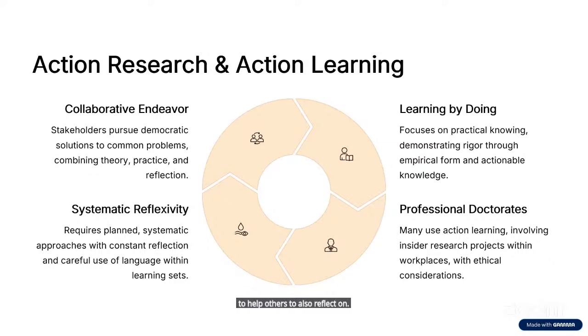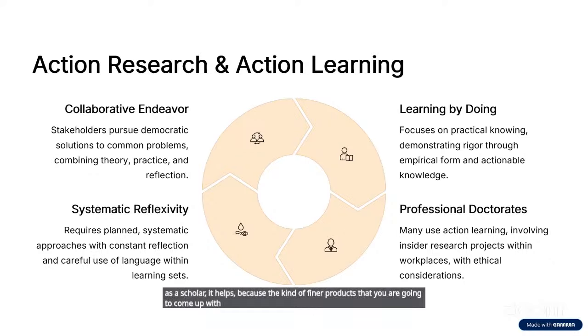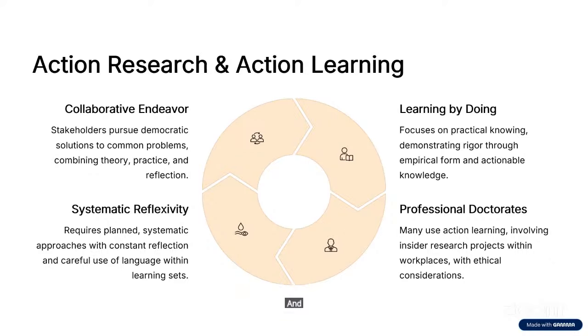And as we do this, as we engage carefully, as we also choose how we write as a scholar, it helps because the kind of final product that you are going to come up with will be unique. And the doctorateness that we are then looking for will then be in your doctoral thesis.